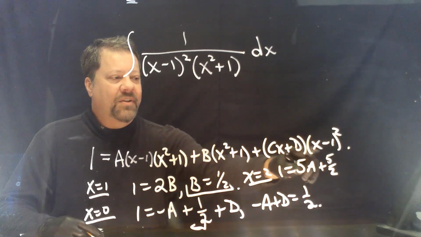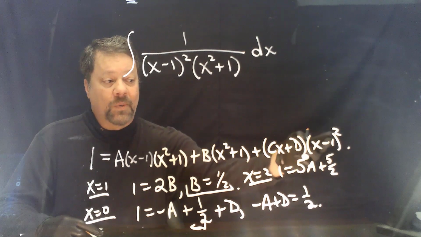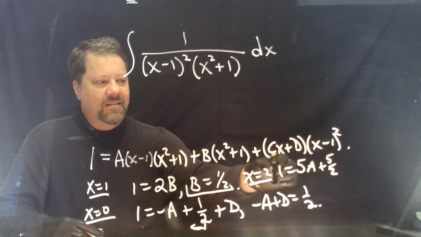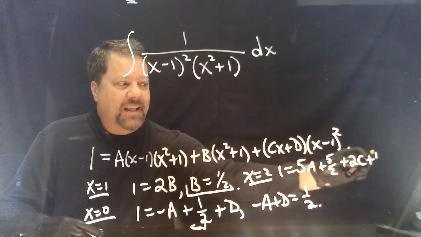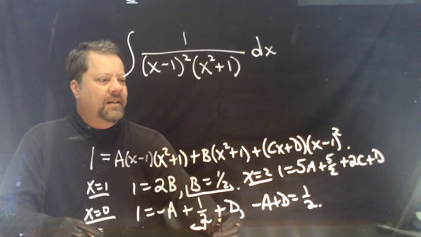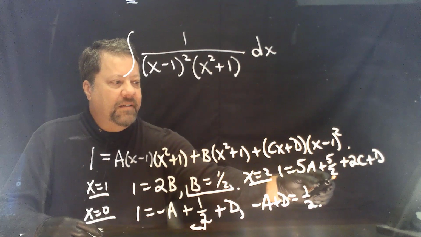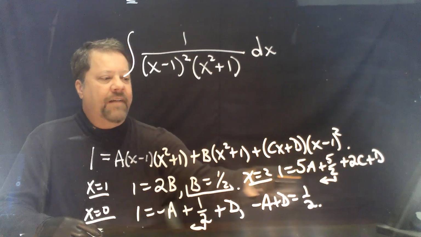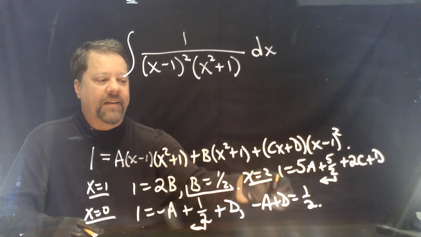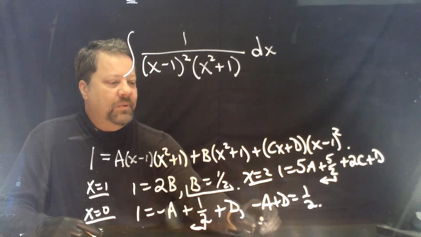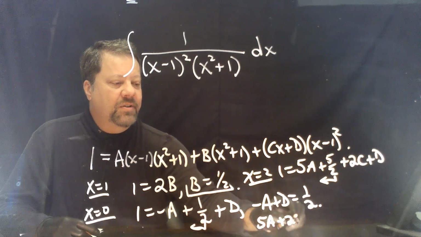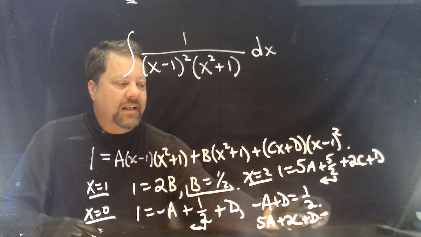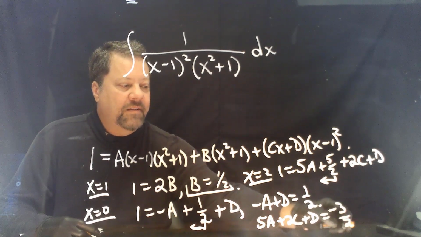And then you get 2 minus 1 is 1, squared is 1. You get 2c plus d. Let's see, if we move the 5 halves over, 2 halves minus 5 halves is negative 3 halves. We'll have 5a plus 2c plus d is minus 3 halves.